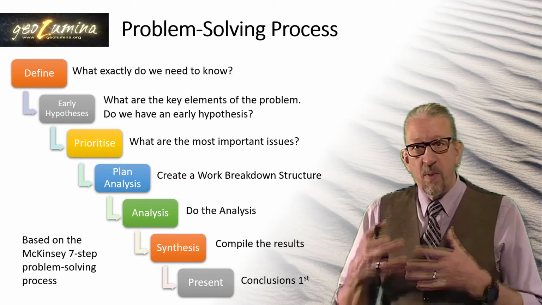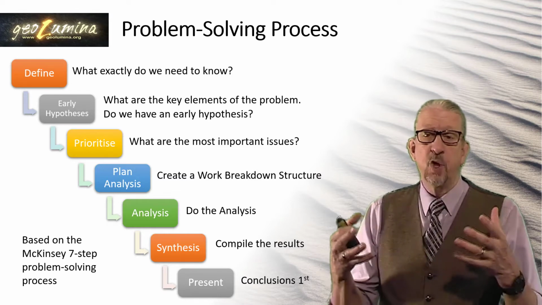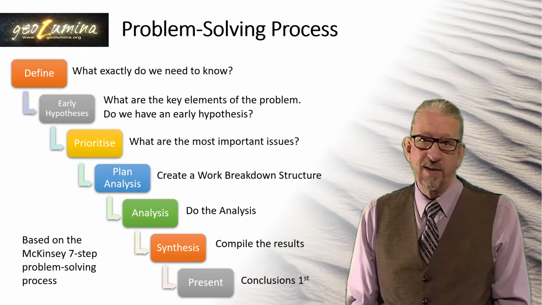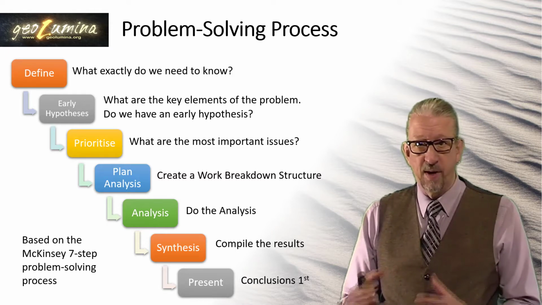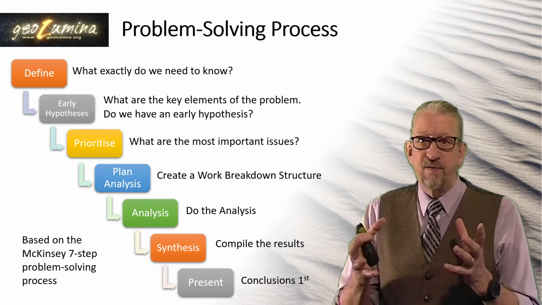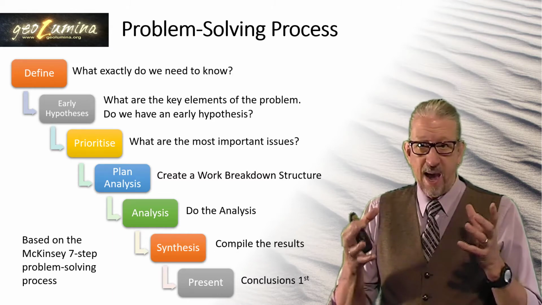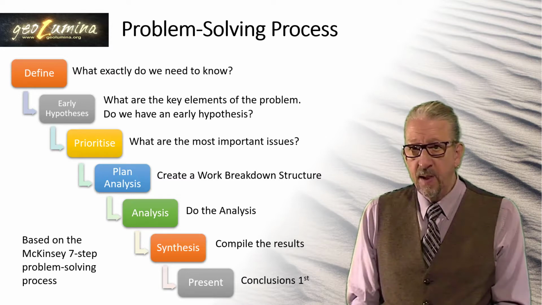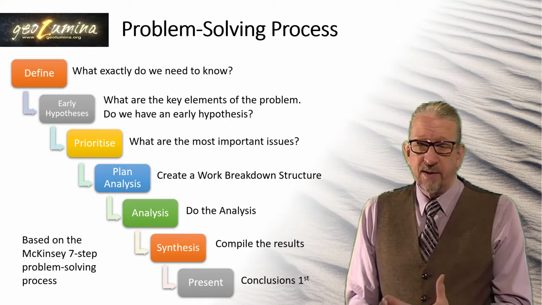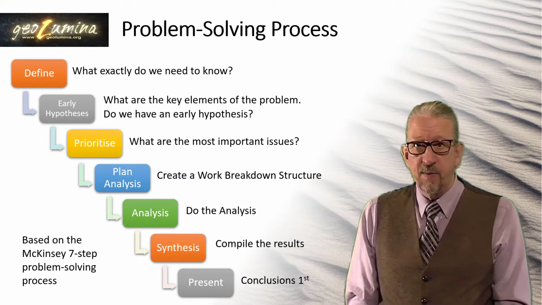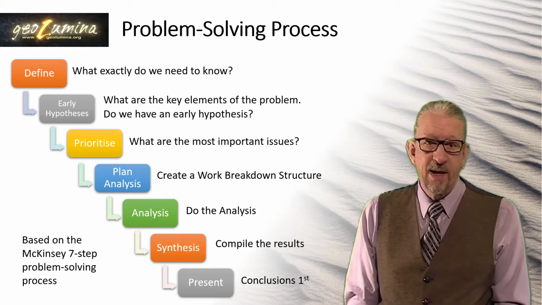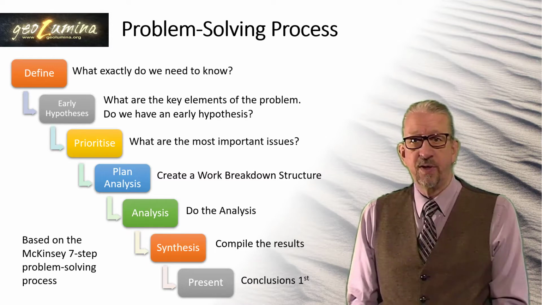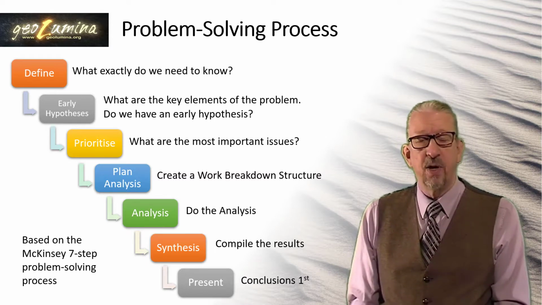But then, of course, when we have all of these ideas, we'll have too many ideas for the available time, so we need to prioritize. That's a very important part of the process as well, fitting what we can actually achieve within the available time frame. Once we've determined the priorities, then we can plan the analysis. And we've talked about work breakdown structures and schedules and Gantt charts and so on.